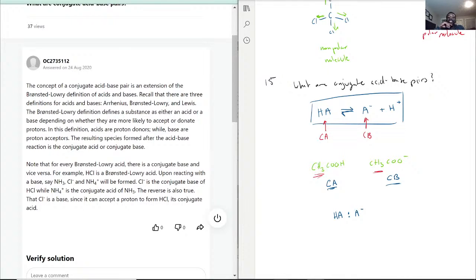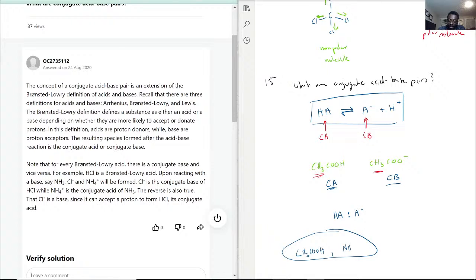And I mentioned it this way because, for example, if you had CH3COOH, and then you also had NH4 plus, this is not going to make a buffer solution because, for one, these are both acids, and two, they're not even conjugate pairs.